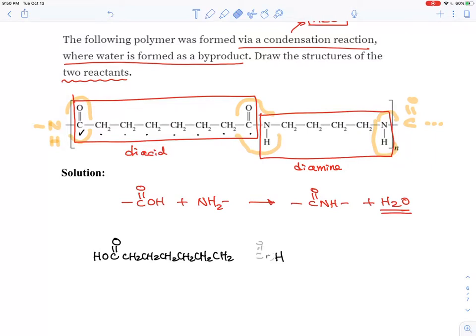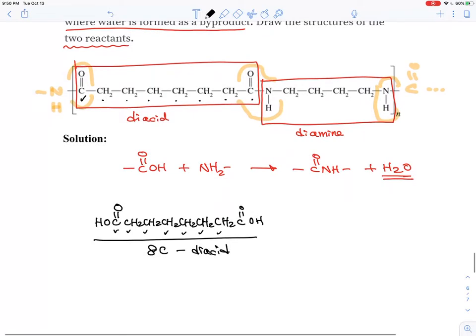Okay, so let me just rewrite that. 1, 2, 3, 4, 5, 6, 7, 8. So this is an 8-carbon diacid, 8 means octane, diacid.